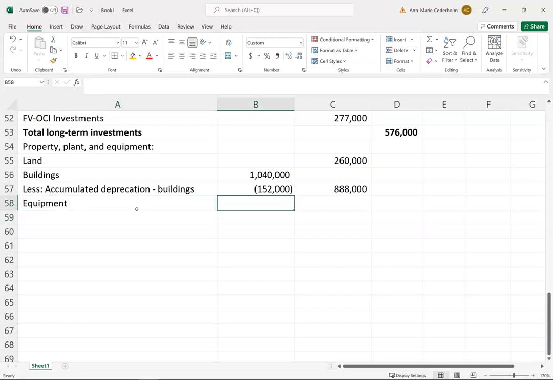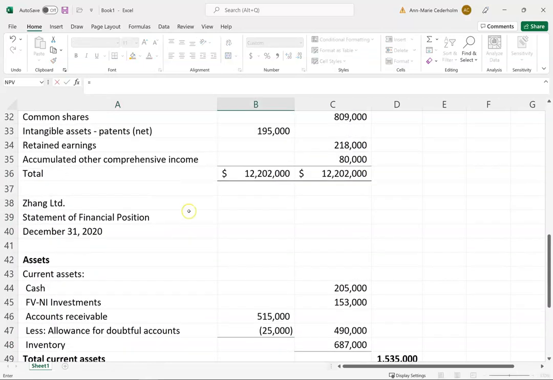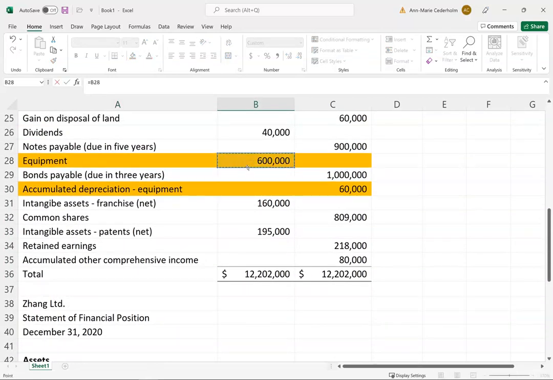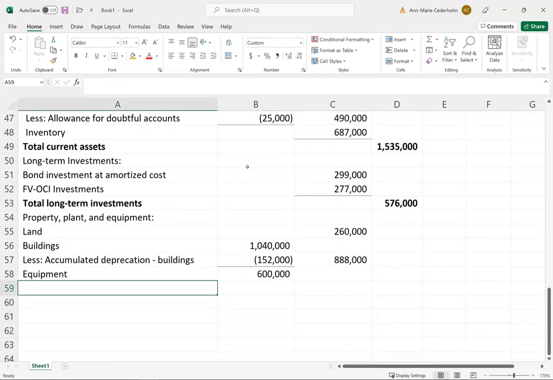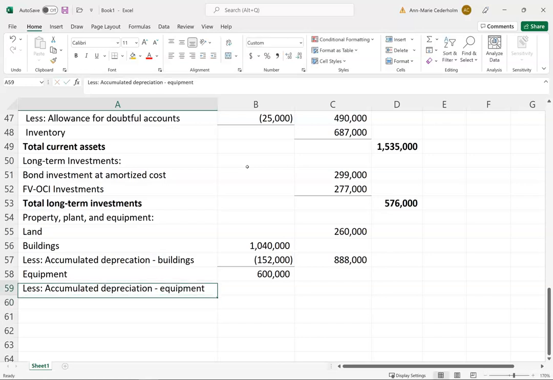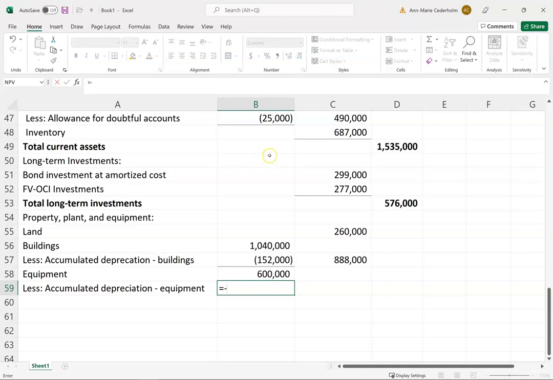So equipment, 600,000. And then I'll do the same thing, less accumulated depreciation equipment. And see, I have some spelling mistakes in here, but that's okay.